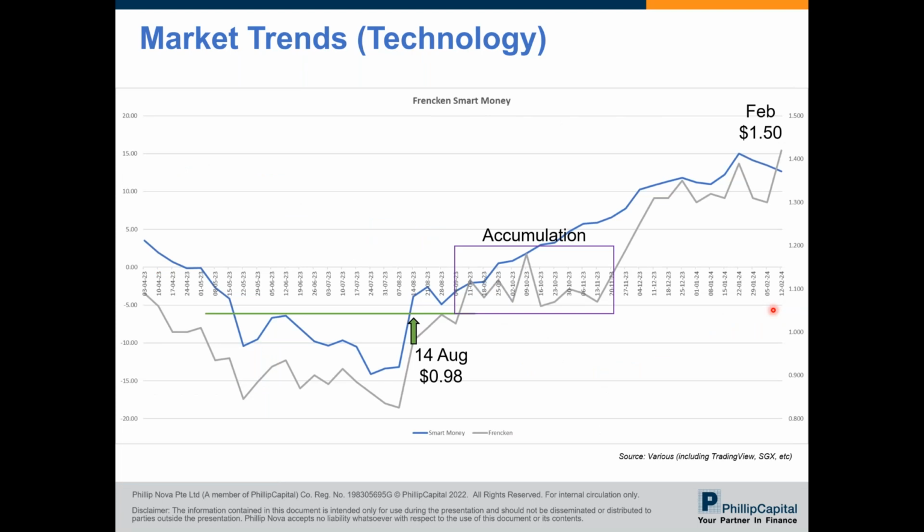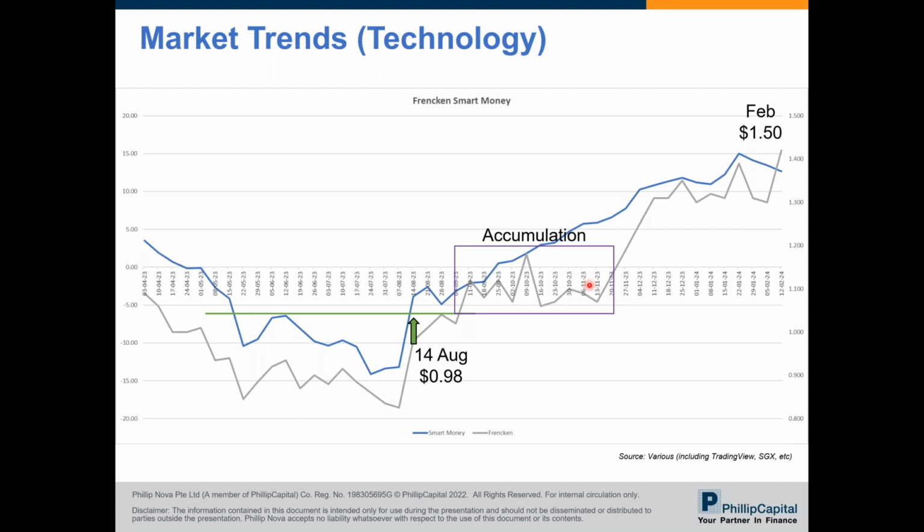This is another tech stock, Franken. So similarly, the signal actually comes much earlier, in mid-August last year, and personally, when I noticed this, it was somewhere in November last year.